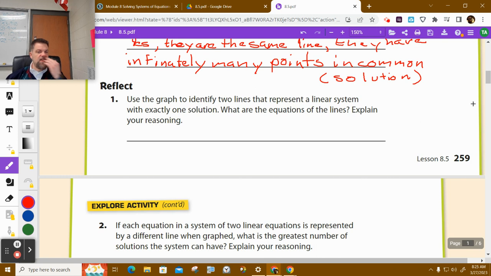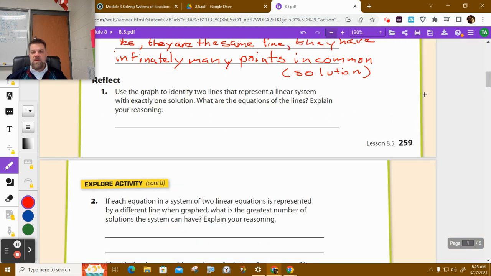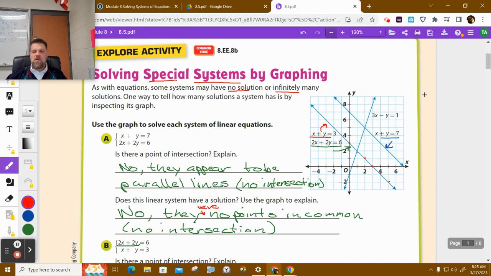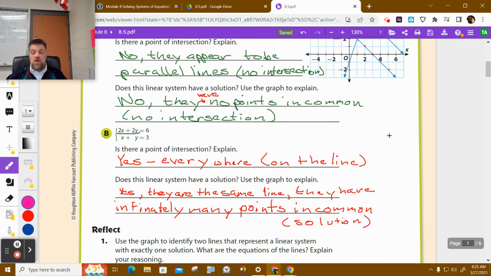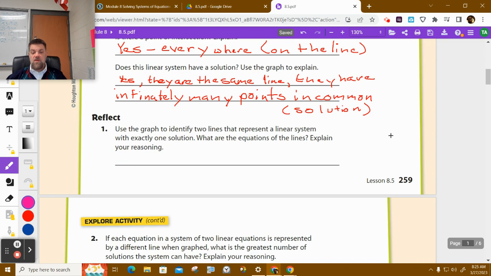Okay? So now it says reflect. Use the graph to identify two lines that represent a linear system with exactly one solution. So I'm going to zoom out a little bit. What does that mean? You guys decide. There's a couple different answers. You choose one that works. Which one has exactly one solution? How about this equation, which represents this line, and this equation? So we could say 3x minus y equals 1.